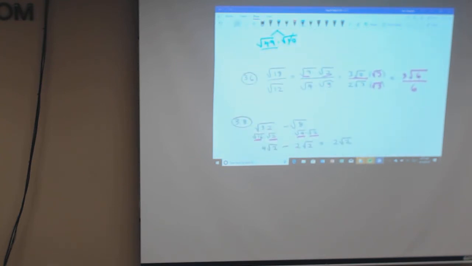36. Factor radical 18, radical 9 times radical 2. Factor radical 12, radical 4 times radical 3. 9 becomes 3, 4 becomes 2, so I'm left with 3 radical 2 over 2 radical 3.